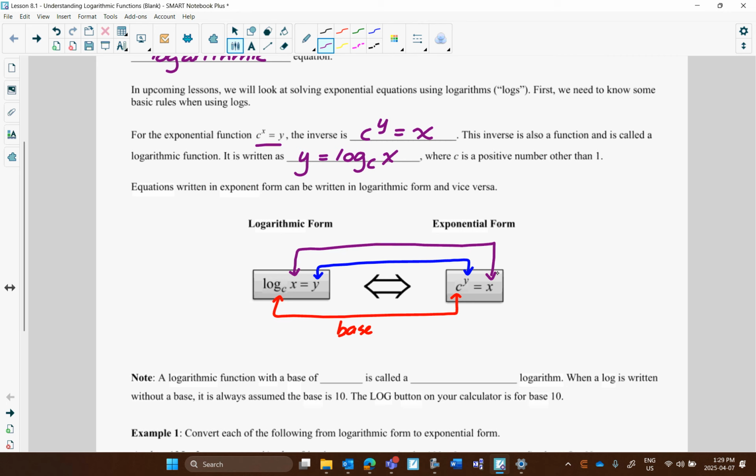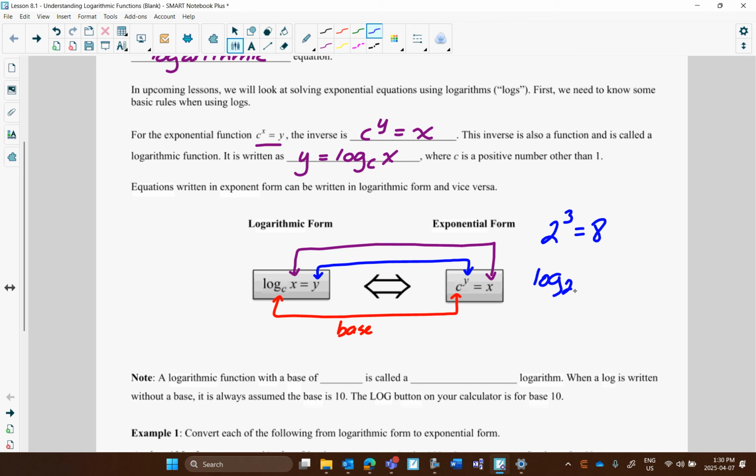So like if I said, and we'll do some practice. If I said 2 to the 3 equals 8, that's an exponential equation. How do I convert this to a logarithmic equation? Well, I write log. The base of this equation becomes the base of the log.